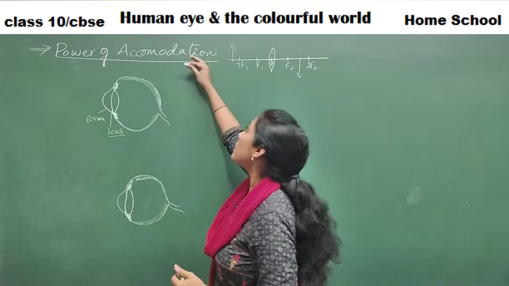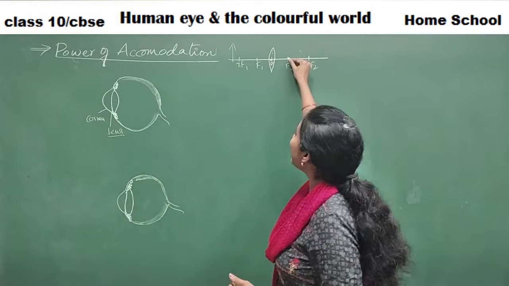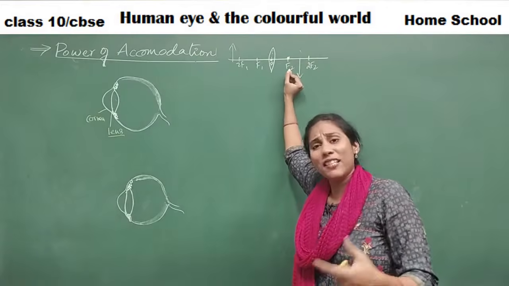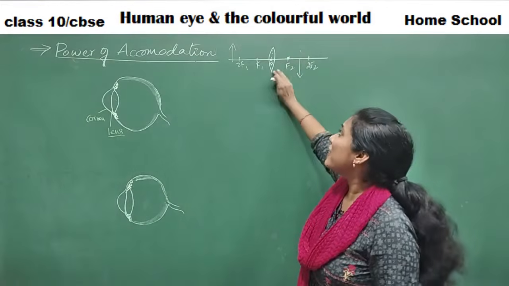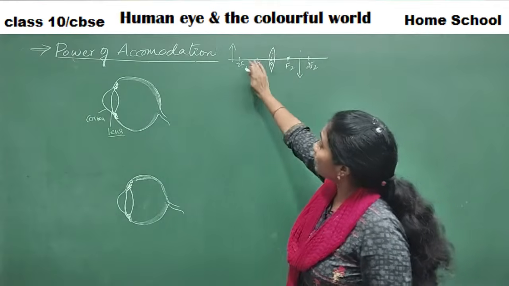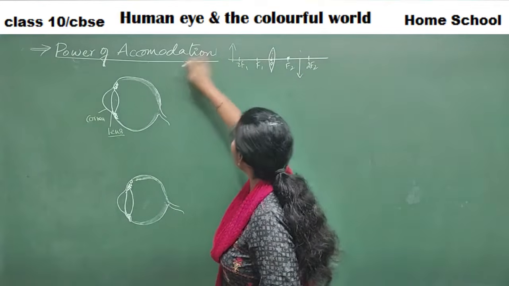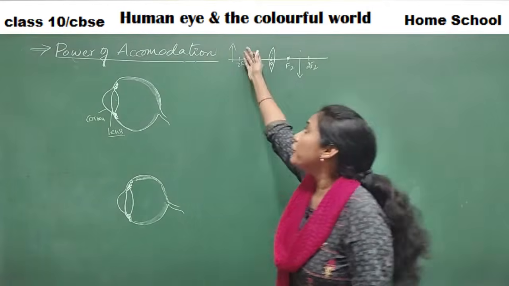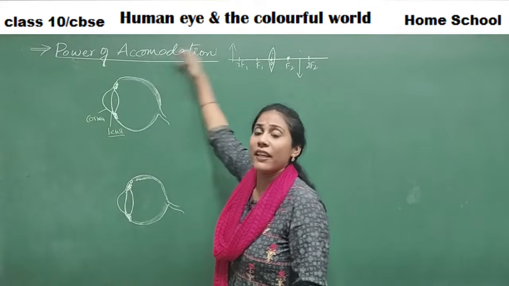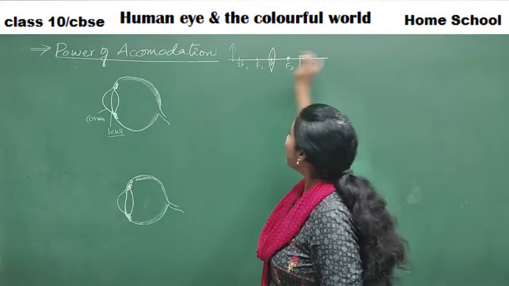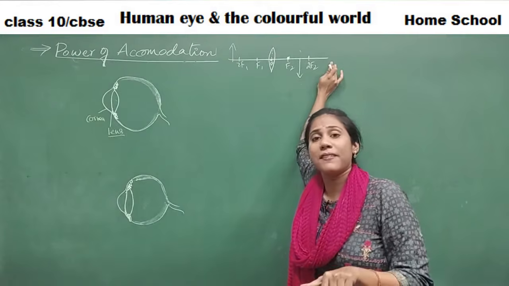Whenever you keep your object at infinity, you get your image right at focus. All this we have studied. So what we understood about the convex lens is, when you keep the object at a different position, you get the image at a different position. If you keep the object very far away, you get the image at one place. When you keep the object very near, you get the image at another place.